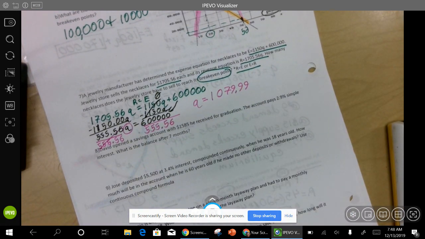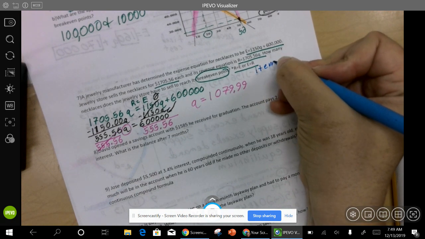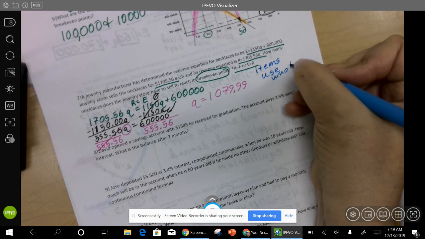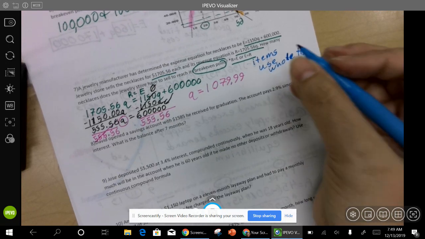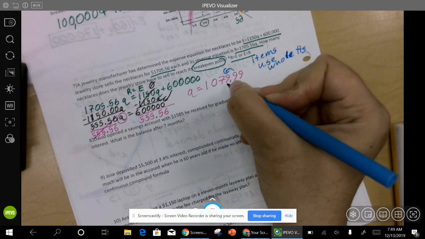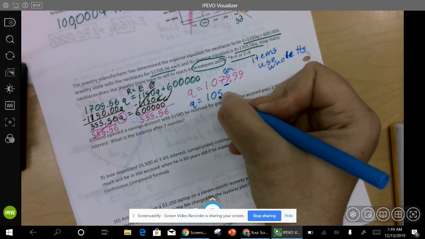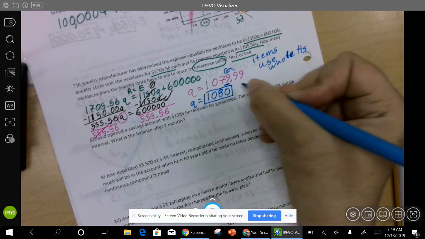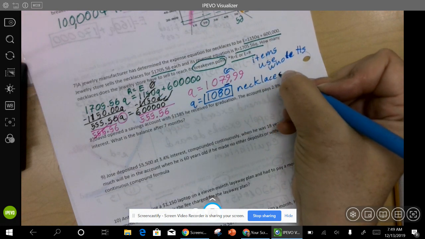Okay, for items, just like we do for feet, we're going to use whole numbers. So I'm going to go ahead and round it up to the whole number, 5 and up rounded up. So it would be 1,080 necklaces. So 1,080 necklaces are demanded.